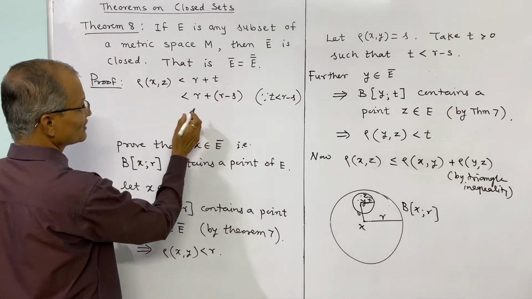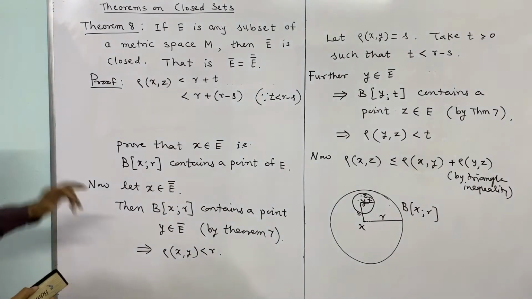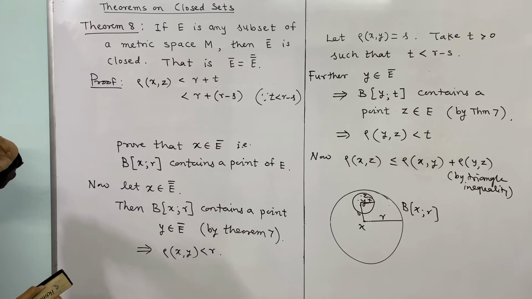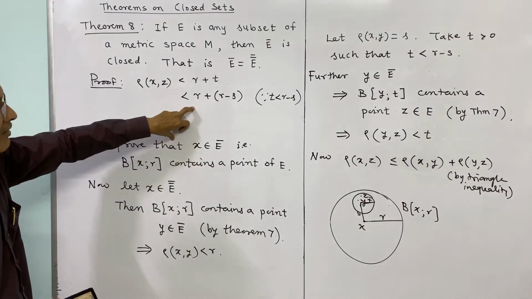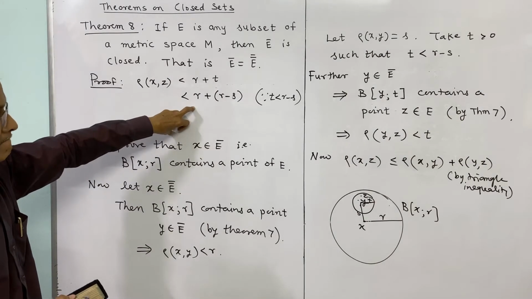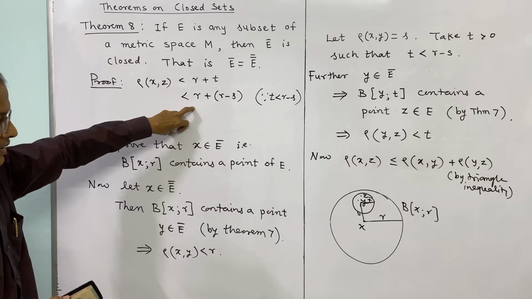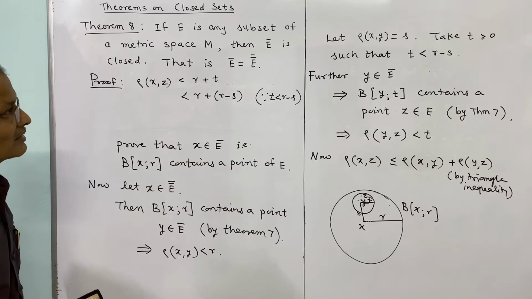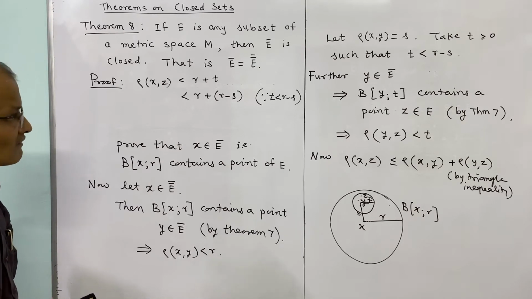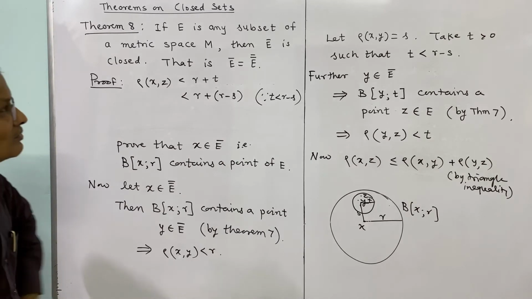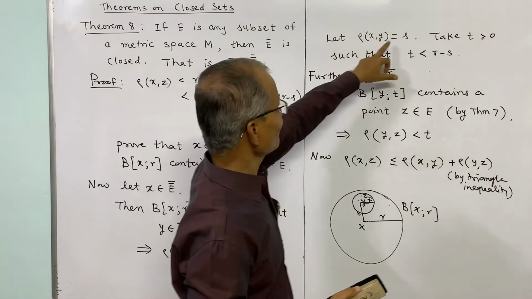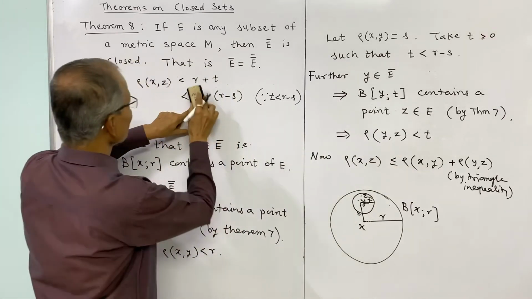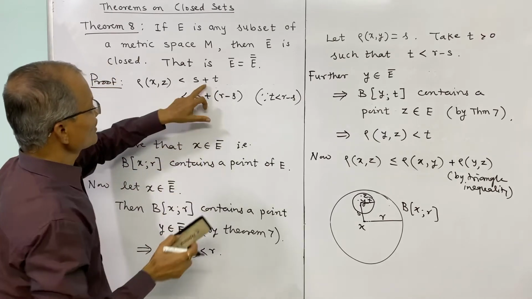But here, we should note a correction. We have rho of X and Y less than R, that is right, and we selected T less than R minus S, because S is smaller than R. But rho of X and Y is S, so this value is to be replaced by S. This is the correction, you note.